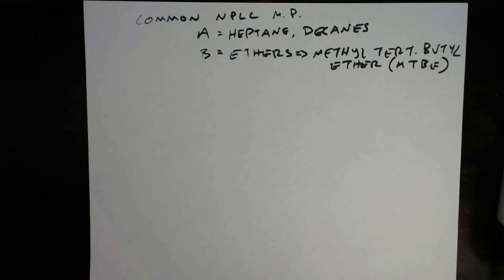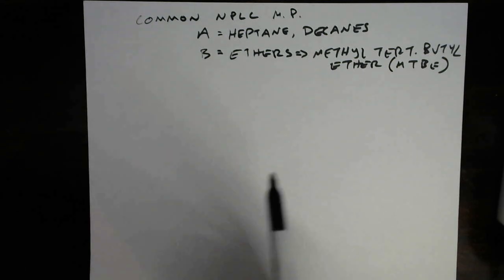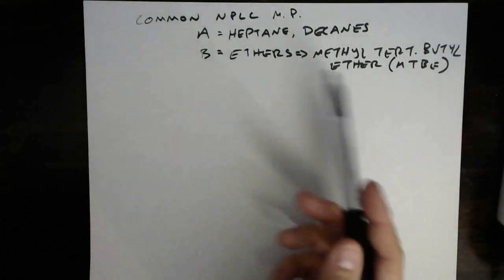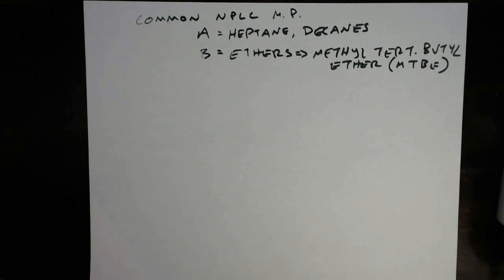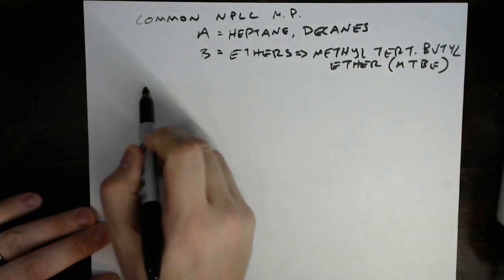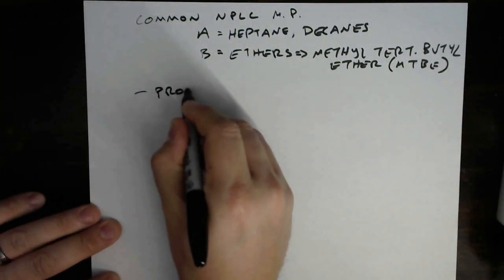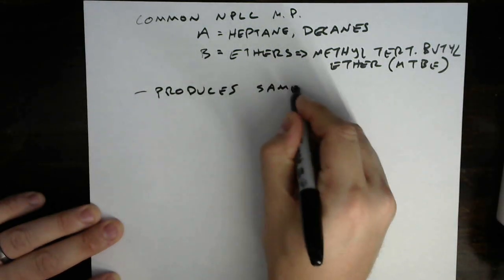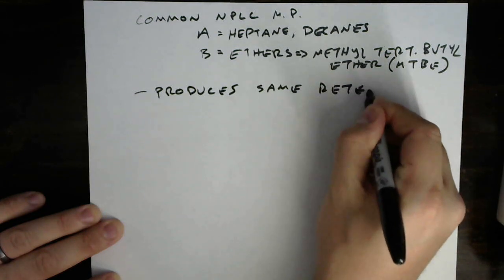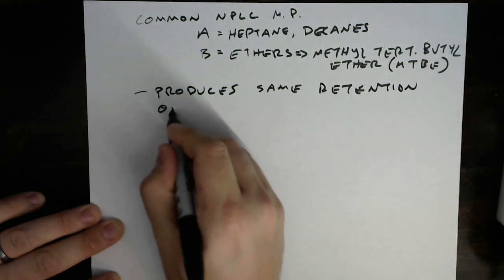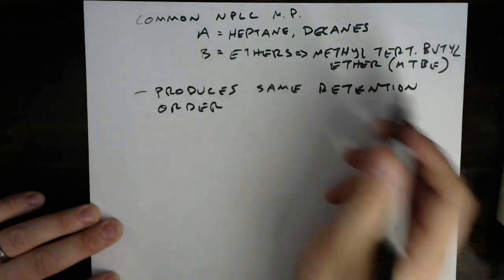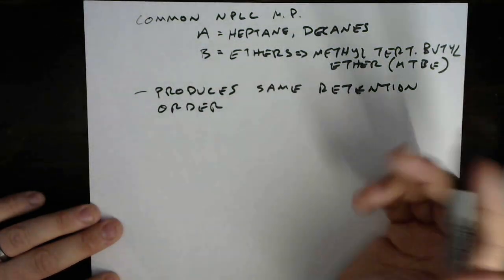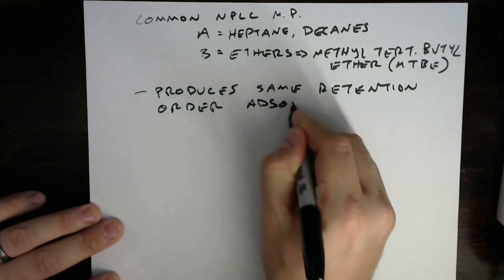All right, so we've talked about composition of the stationary phase. We've talked about what makes these solvents stronger or weaker, right? It's a matter of polarity. So the next question is retention order. That's what I said was the third factor in how these things differ. In this case, this produces the same or similar retention order as the classic silica style adsorption chromatography.